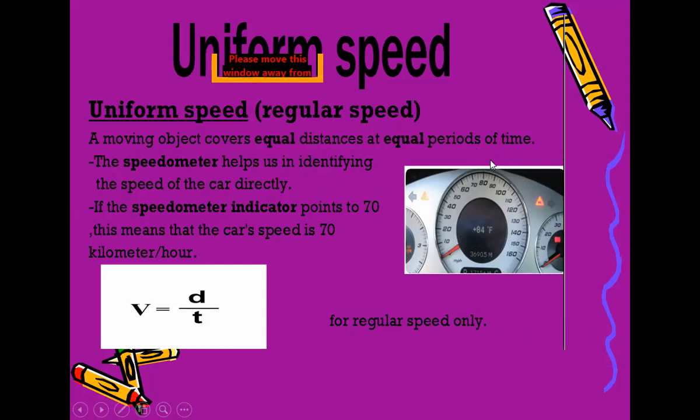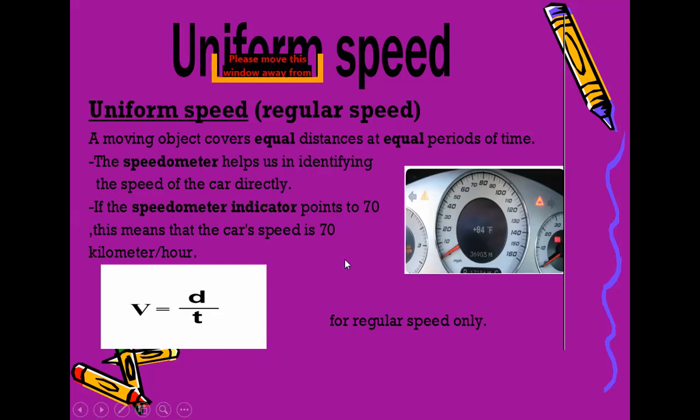This is called the speedometer, which is present in cars or airplanes or every means of transportation. It can calculate the speed directly. How can the speedometer measure the speed? It measures the distance covered in a unit of time.